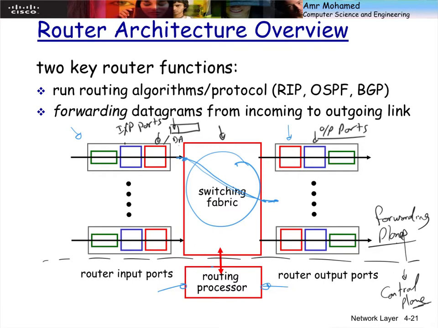This control plane runs as embedded software on the processor. And this embedded software is the brain of the system, as we said. A processor runs a low-level operating system and software that controls how the routing is done, how the lookup is done using the routing table, and how the switching is controlled. So this is basically the brain of the system.